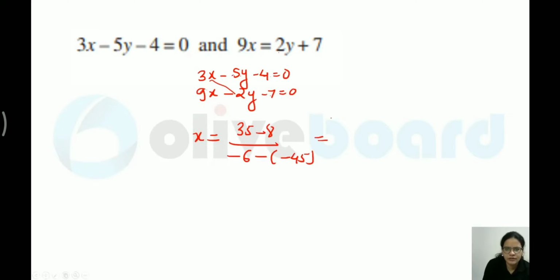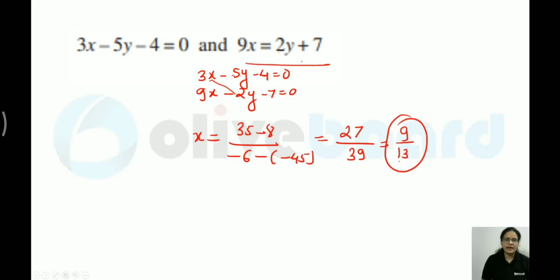Just calculate what value you are getting over here. This is 27, and divided by this value, that is nothing but 39, right? So 45 minus 6, that is 39. So you can divide this value. 9 by 13 would be x. If 9 by 13 is x, you can calculate y accordingly.